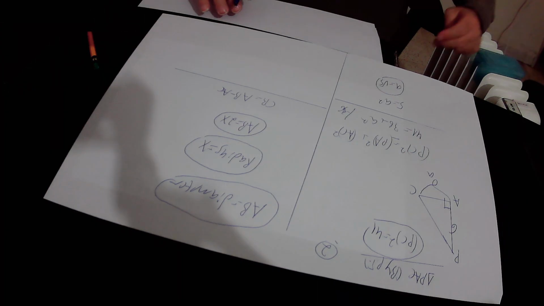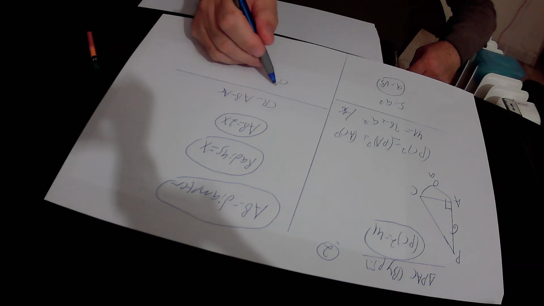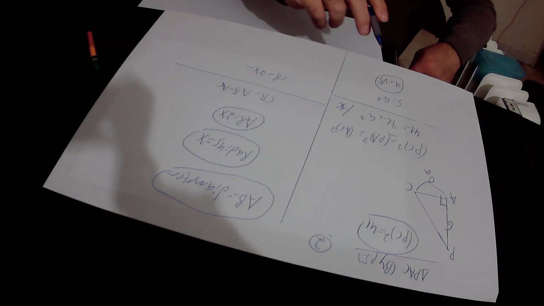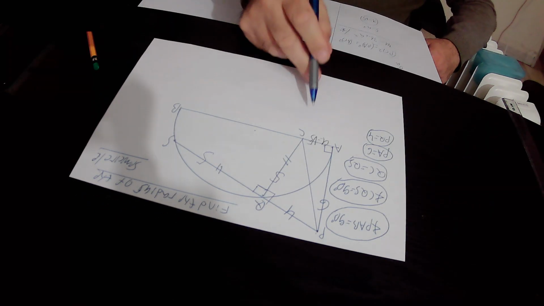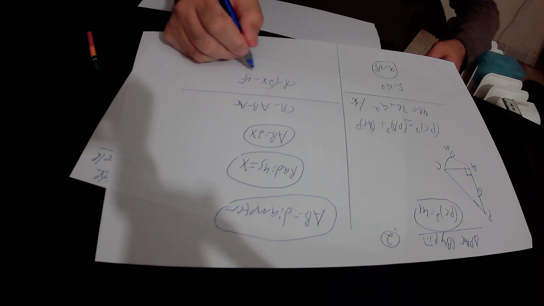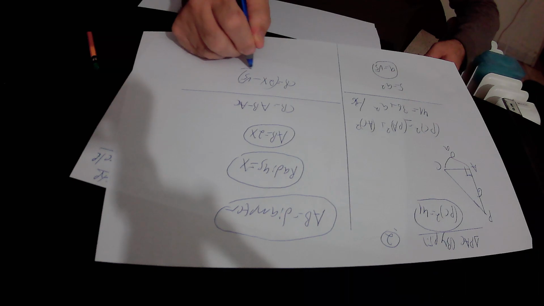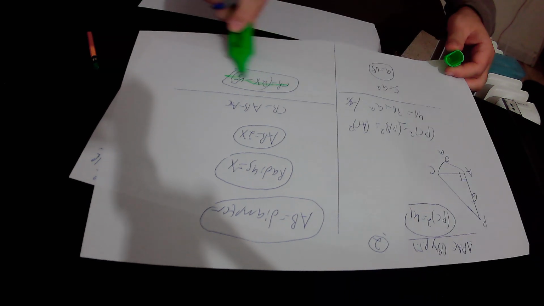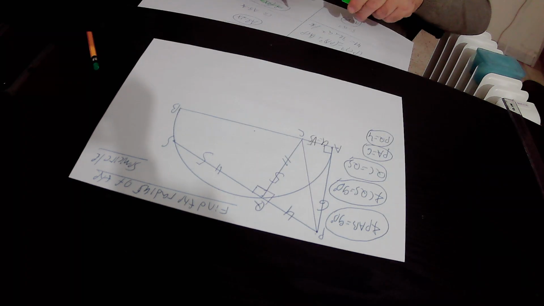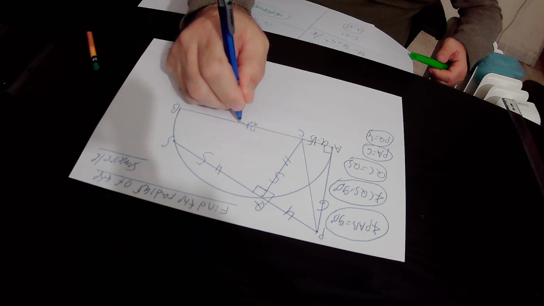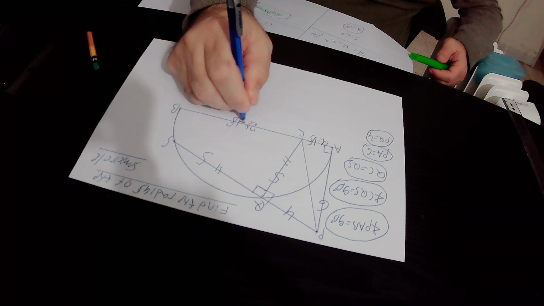So CB equals AB, that is 2x, minus AC. AC is A, and A equals the square root of 5. So AC is square root of 5. So in total, we found out that CB equals 2x minus square root of 5 units. So I write it down in the original drawing that CB equals 2x minus square root of 5 units.